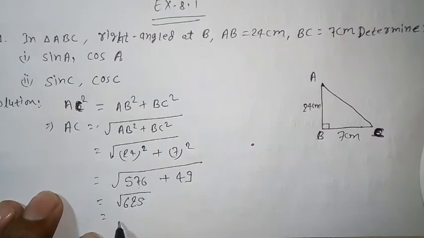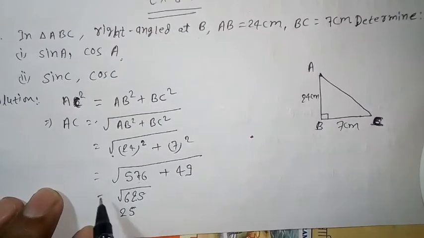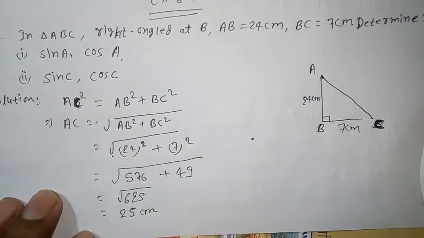The root of 625 is equal to 25. Okay. Therefore AC is equal to 25 centimeter.